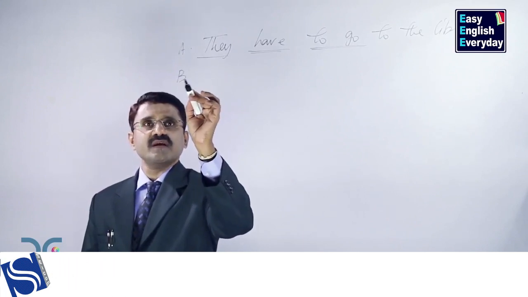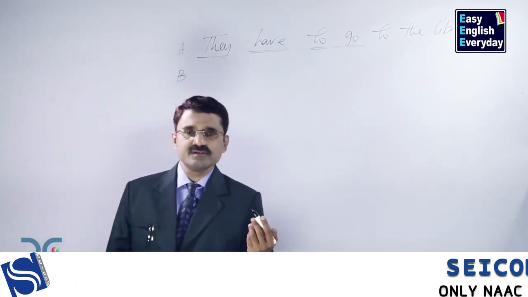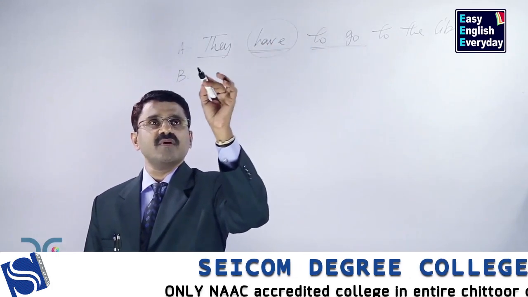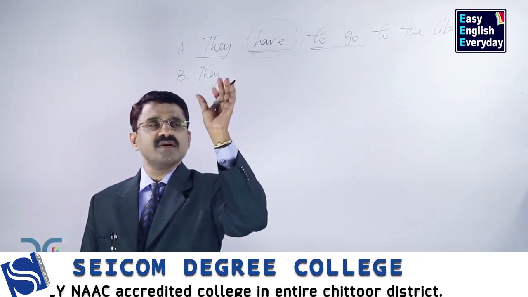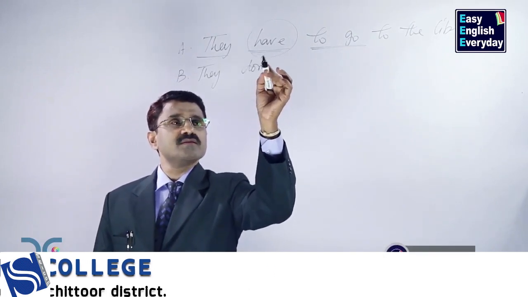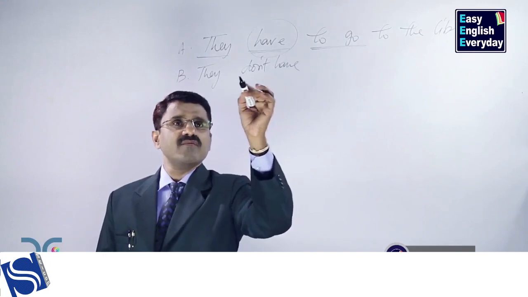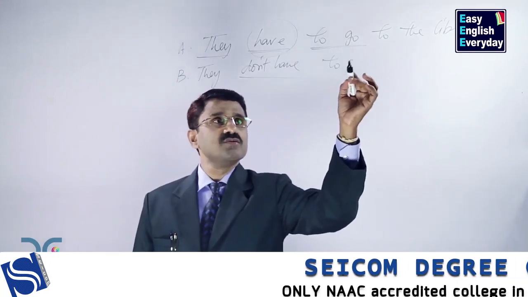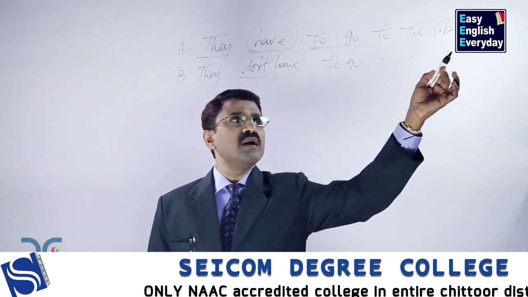Now let us see how it can be converted into negative form. Concentrate only on have. Keep the rest as it is in its place. They have to go. They don't have. Have becomes don't have. They don't have to go to the library.